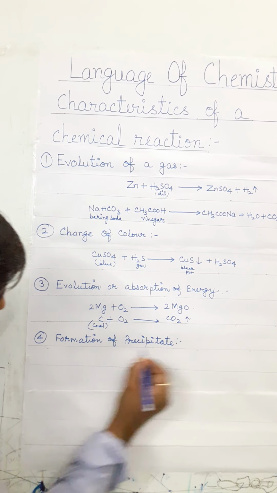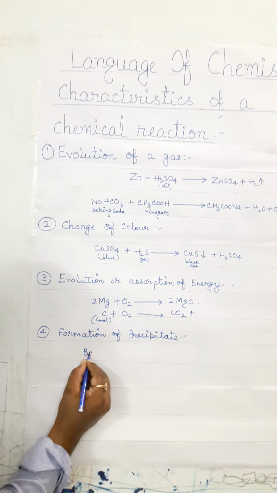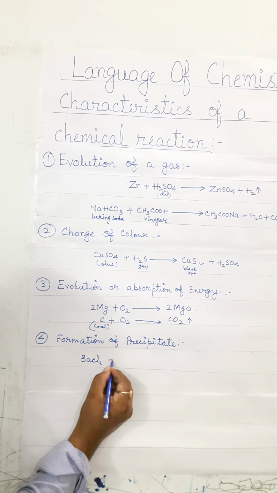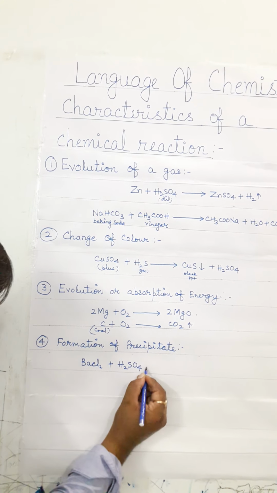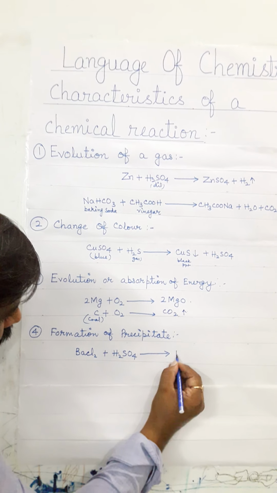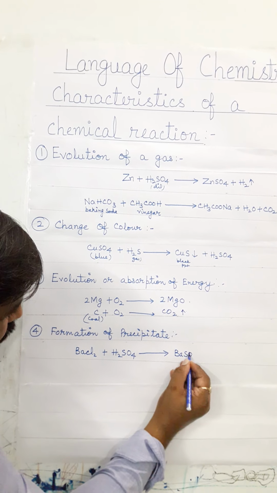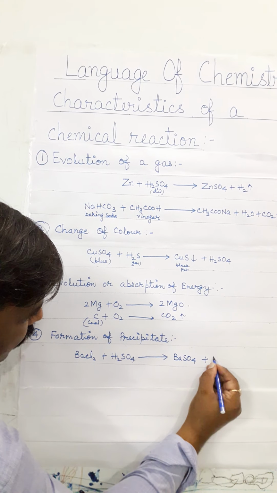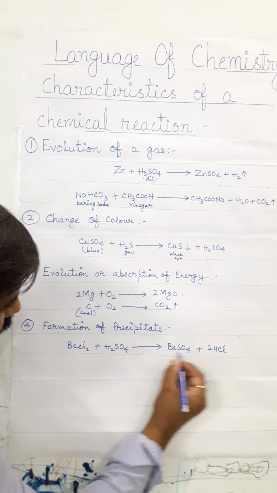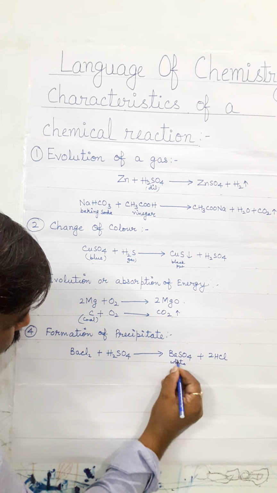Formation of precipitate. Barium chloride solution is a clear solution, and when it is treated with dilute sulfuric acid, a white PPT of barium sulfate is obtained along with hydrochloric acid. This is white PPT.